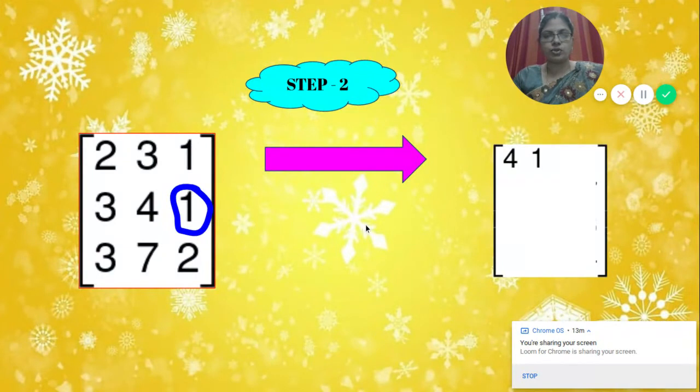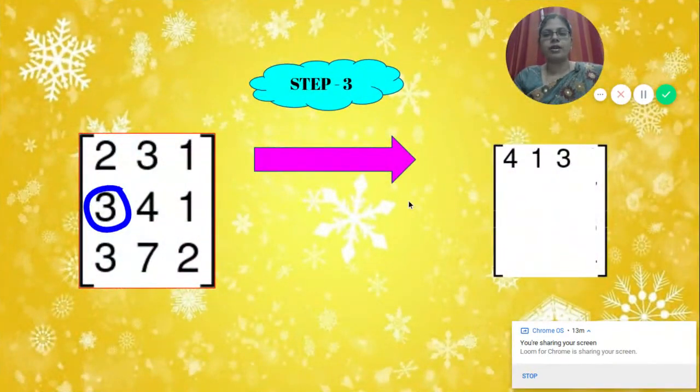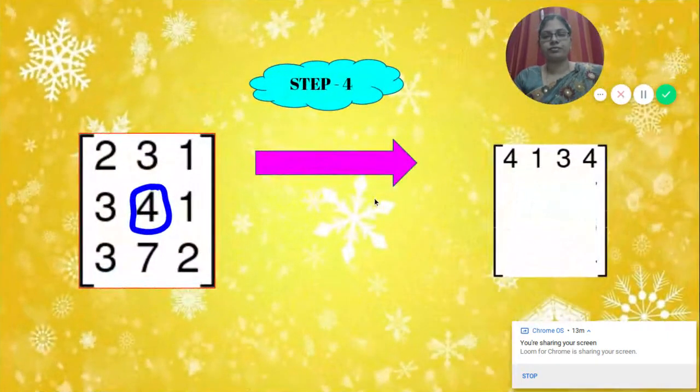My second step is to take the element A23 and write it in the first row, second column of the 4 cross 4 matrix. The third step is to take the element A21 and write it in the first row, third column. And again I am taking the center element and writing it in the first row, last column.